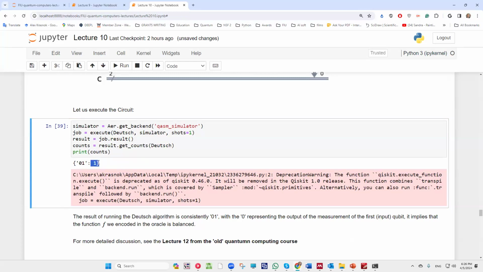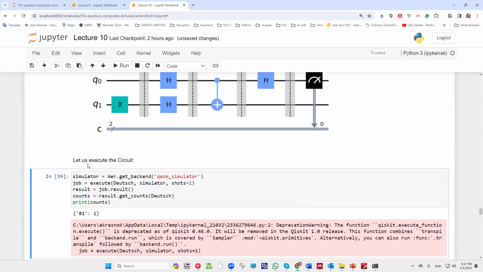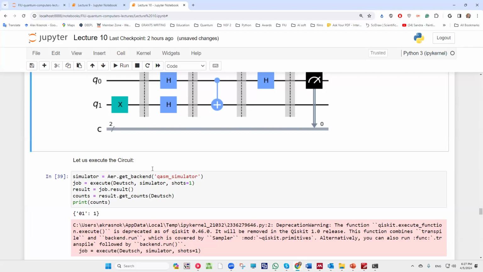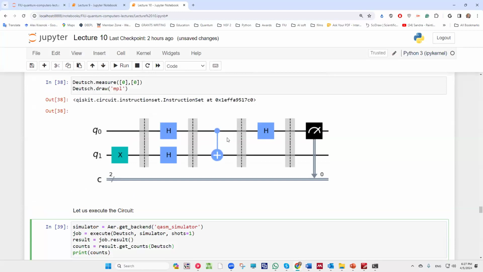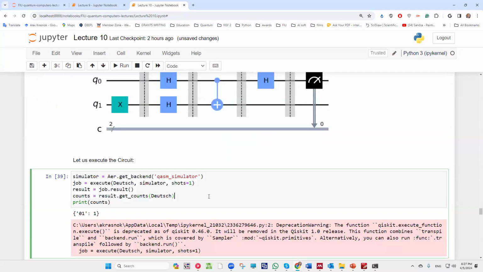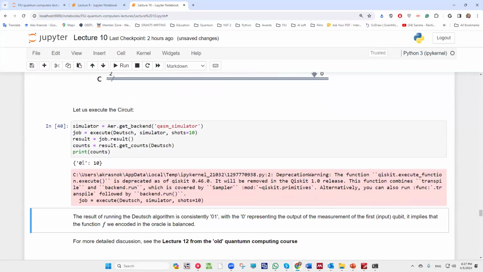After one run, we get the state 0, 0, 1. So the second qubit is in the state 1, and the first qubit in the state 0, which is the indication that the function in this black box in the center is the balanced function. Okay, and if I add more shots to this, I always get the same.